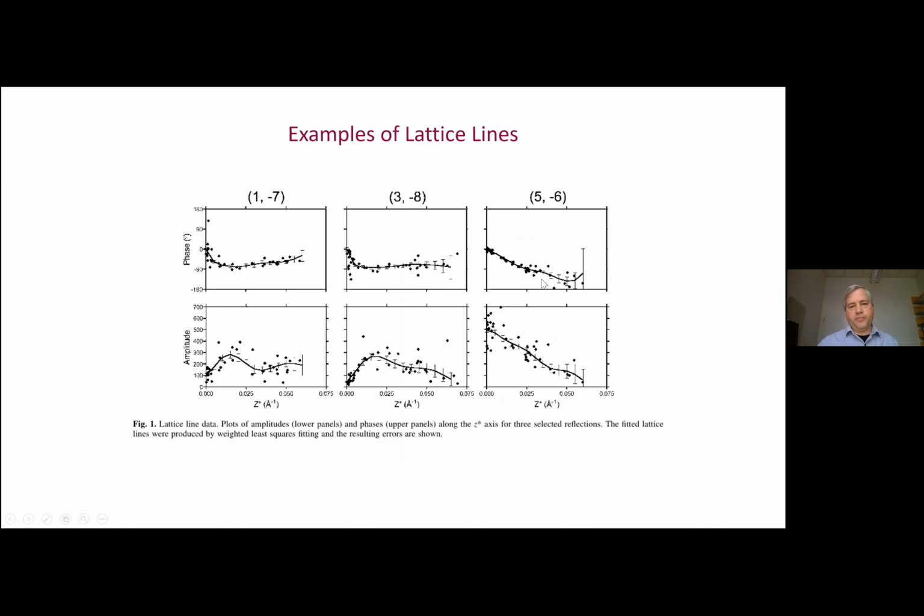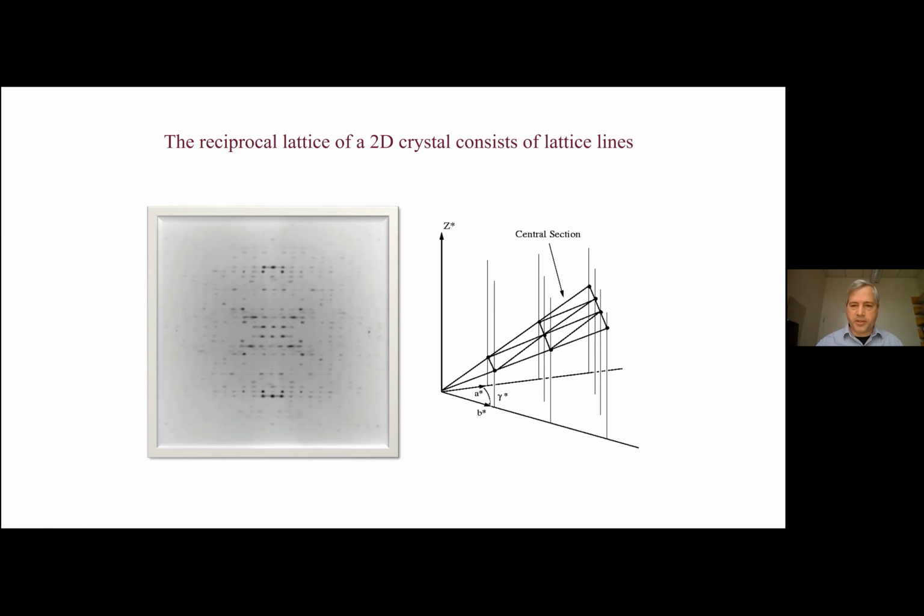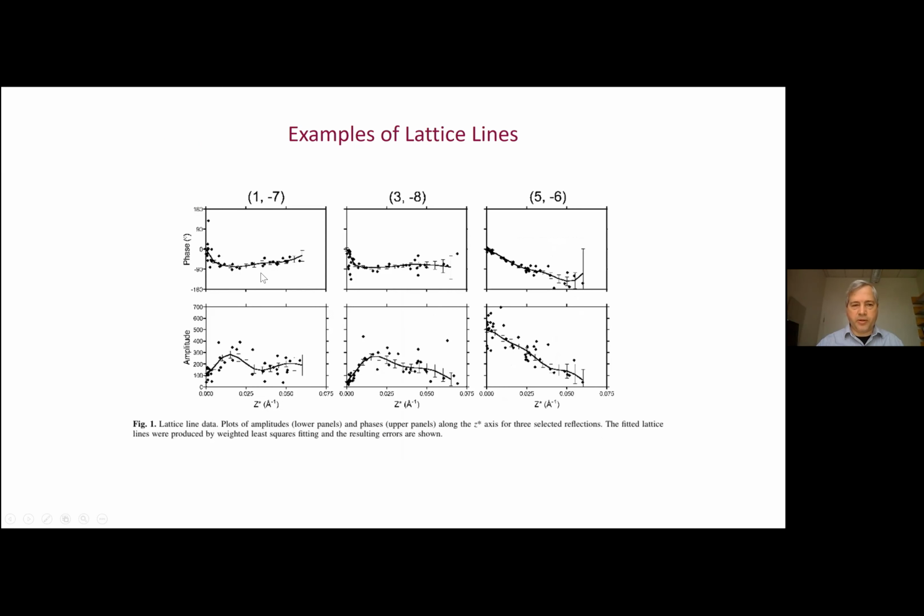They would plot these so-called lattice lines, which are the amplitudes and phases along these lines. Each of these is a certain diffraction spot, and then you tilt it between 0 and 60 degrees, and you could plot the amplitude and phases as you tilt along that lattice line, and that would give you the 3D information.